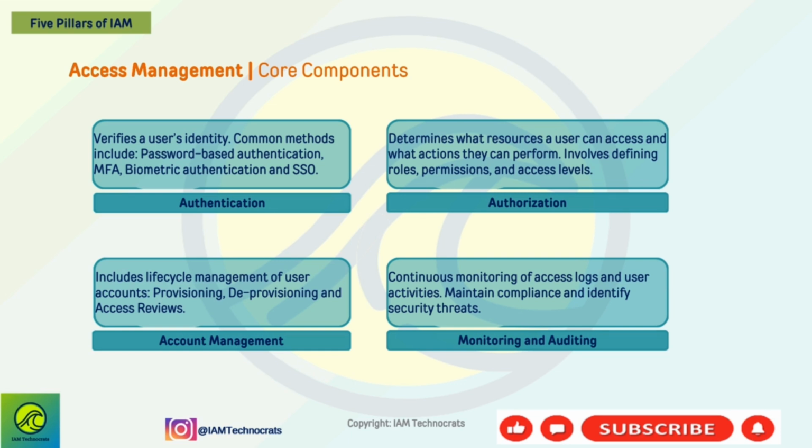Once authentication is done, authorization determines what resources a user can access and what actions they can perform. This involves defining roles, permissions, and access levels. For example, read-only access for viewers or full control for administrators.